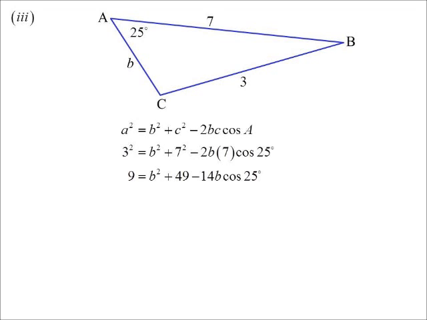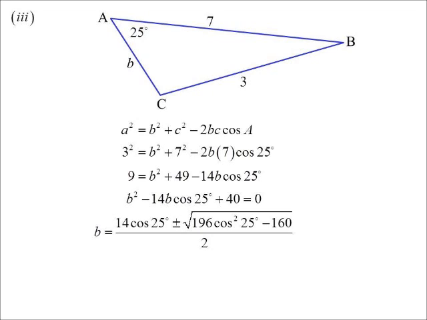Let's rewrite it so it looks like a quadratic. So it's b squared minus, well, the coefficient of b is minus 14 cos 25, whatever that happens to be, plus 40. So obviously that's not going to factorise. So I'll go straight to my quadratic formula. It's going to give me two possibilities for b here.